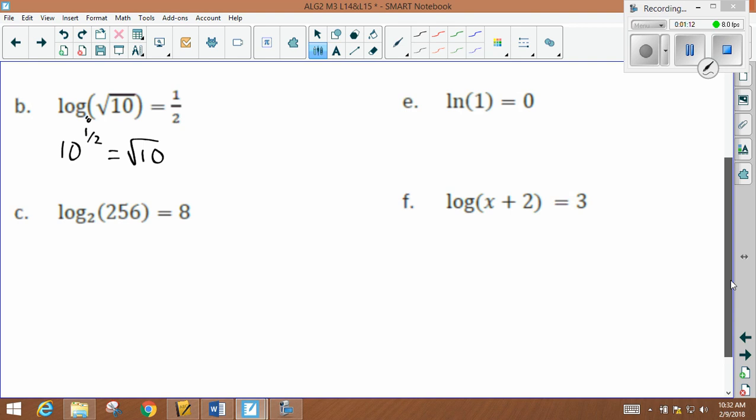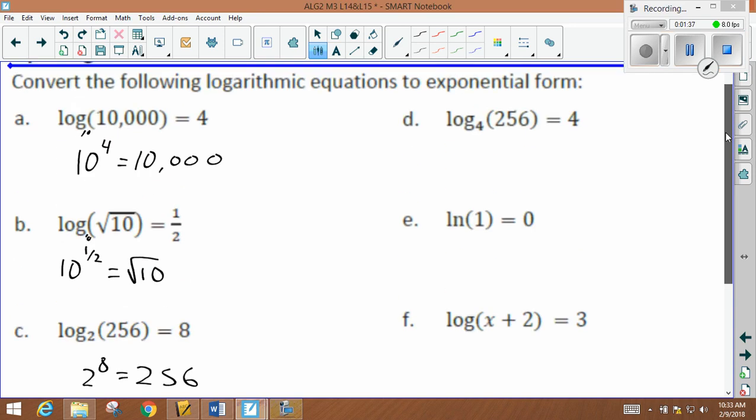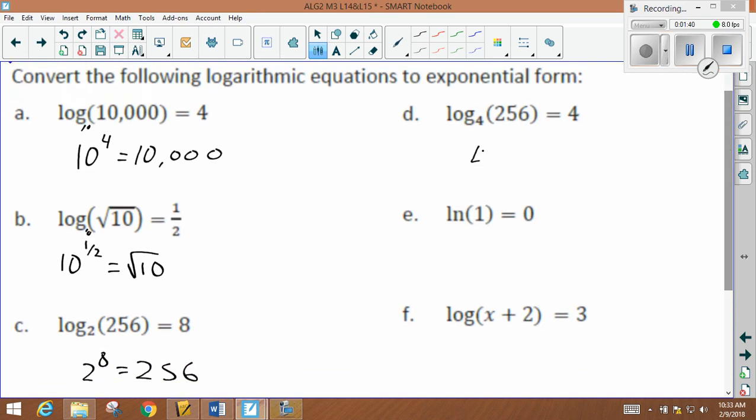Okay. How about this one? This says that 2 to the 8th power is 256. All right, take the base, raise it to what it's equal to. Moving right along, so we can go through this fast, right? 4 to the 4th power is 256.